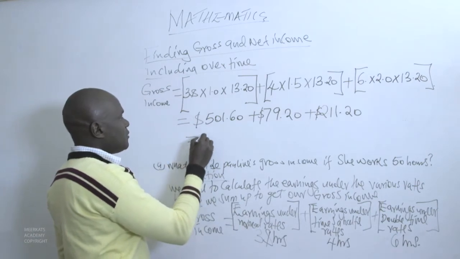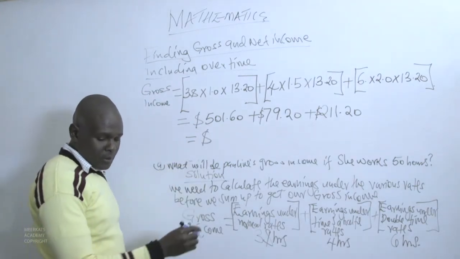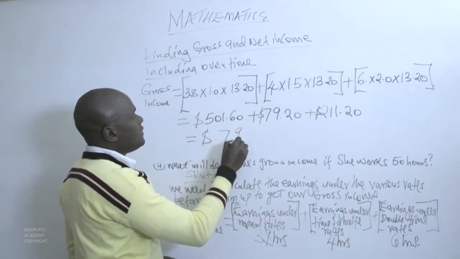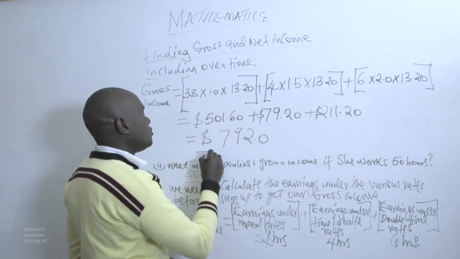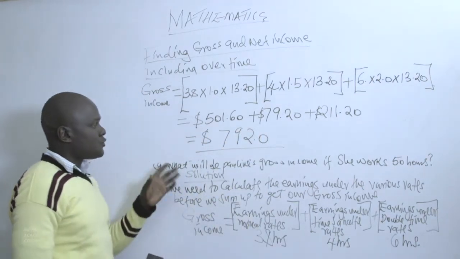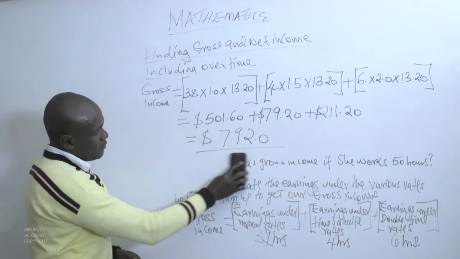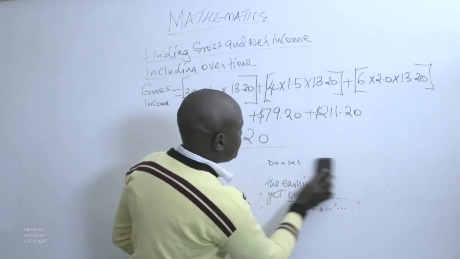When you add, her gross income will be equal to $792.00. This will be Pauline's gross income.